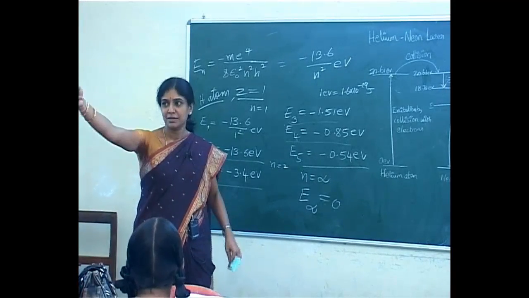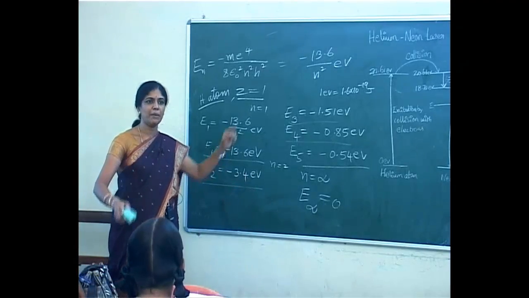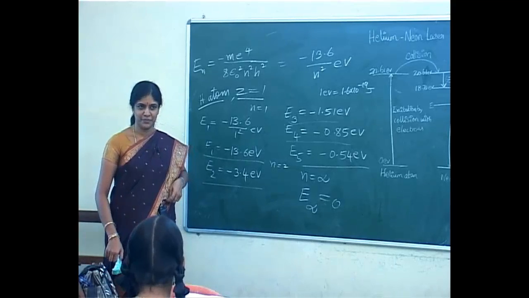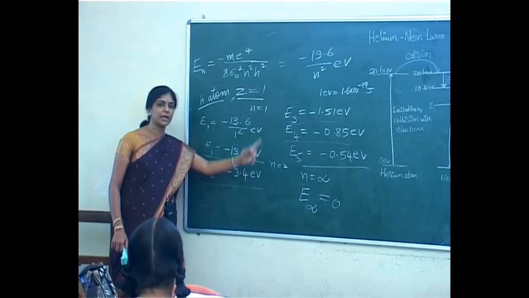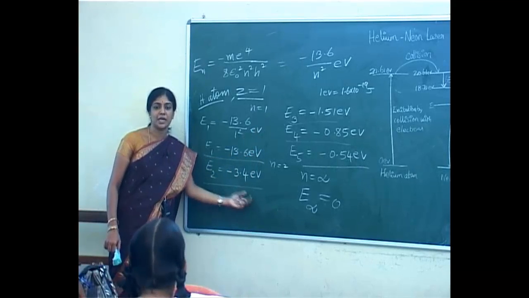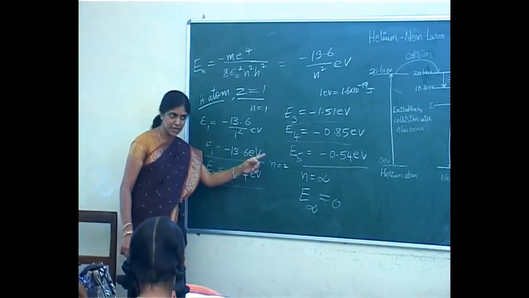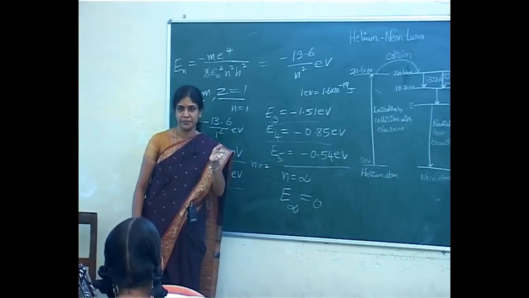How? See the negative value. Minus 5 is greater than minus 10. See the negative sign. You are forgetting the negative sign and looking only at the magnitude. The negative sign shows that as the order increases, the energy is approaching its maximum value, a positive value.